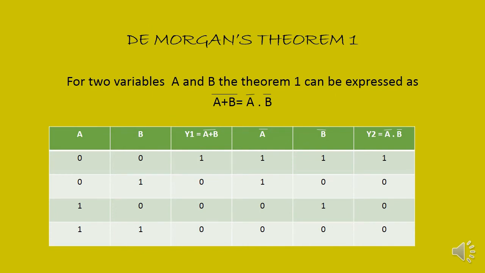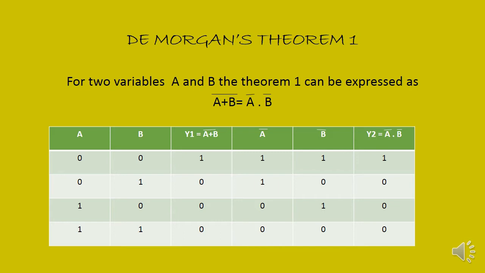So what is the first law of De Morgan's theorem? For two variables A and B, theorem 1 can be expressed as (A plus B) bar equal to A bar dot B bar.